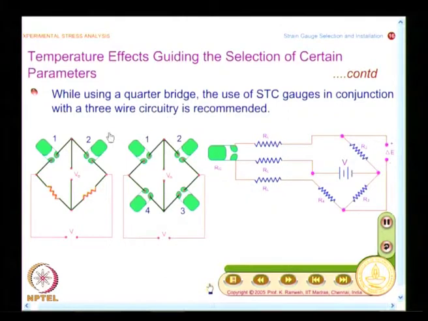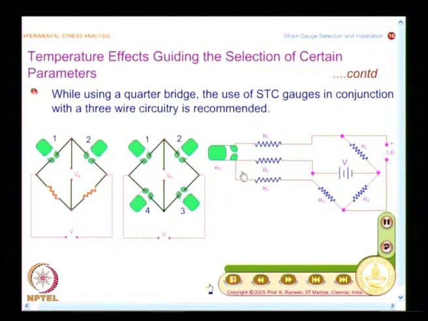If you are able to use a half bridge, it is good. Able to use a full bridge, it is well and good from a transducer application point of view. For strain measurement, you will be able to do this only for certain select applications, but the most general arrangement you may come across is only a quarter bridge. Instead of using a 2 wire circuit, use a 3 wire circuit. We have seen the benefits for this.